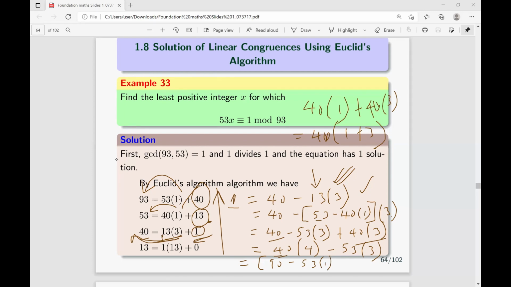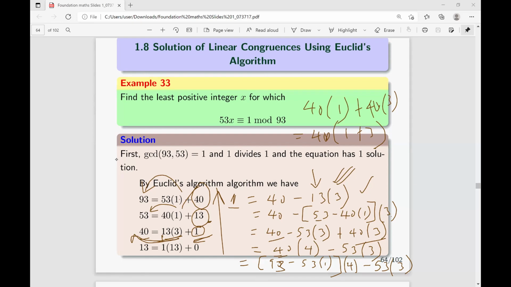Yes? So 93 minus 53 times 1 multiplied by 4. Then minus 53 multiplied by 3.